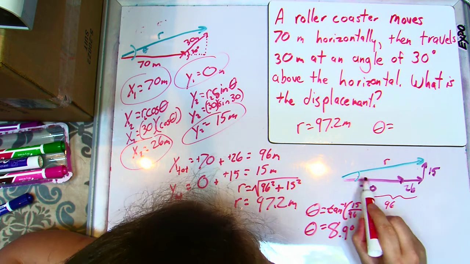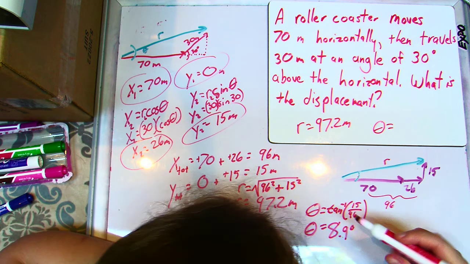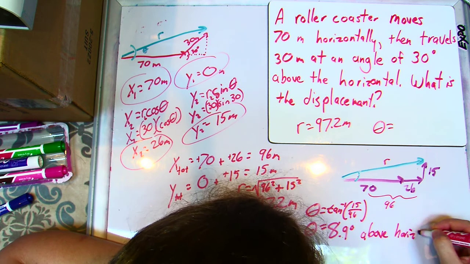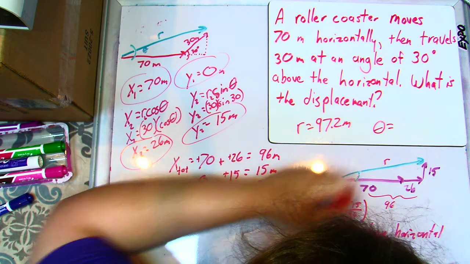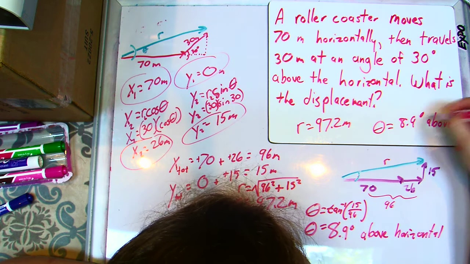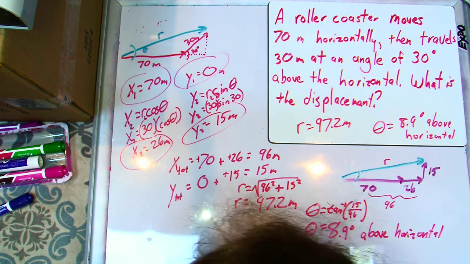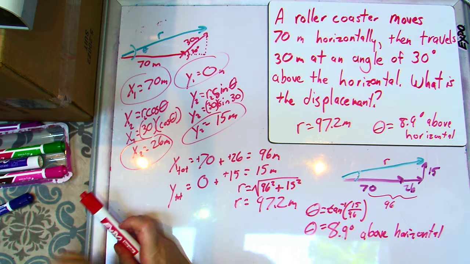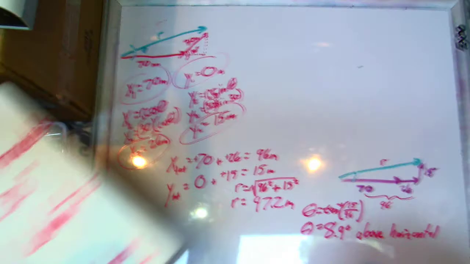And if you look at this, it is 8.9 degrees above the horizontal. What that means is you start at the horizontal and you move up 8.9 degrees. And we've solved that problem now. I know my crazy hair keeps getting in the way. I apologize. So yeah, we solved it. It's all done. All right, let's take a look at another one, shall we?